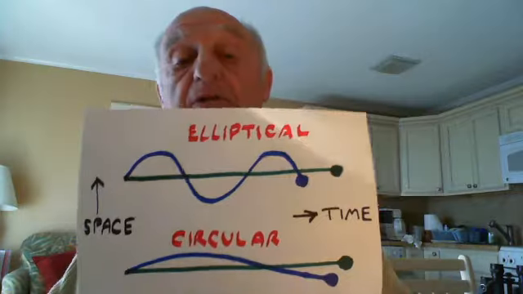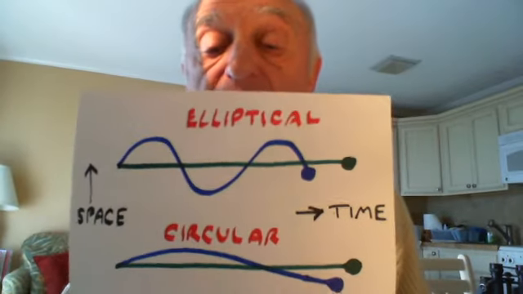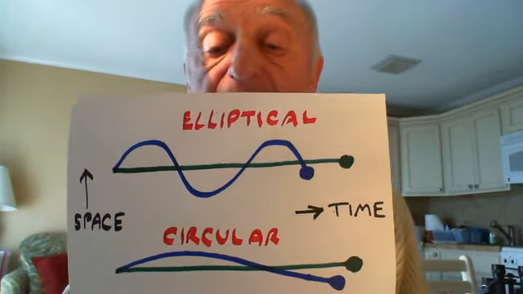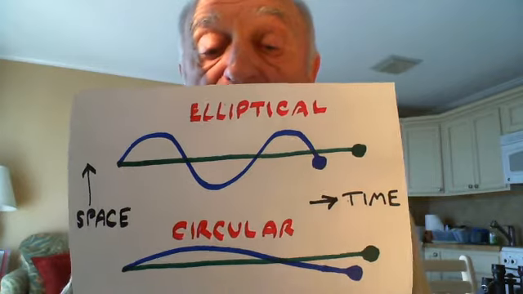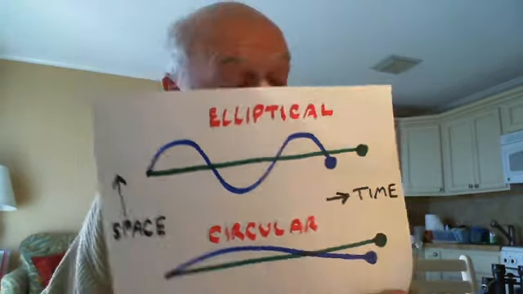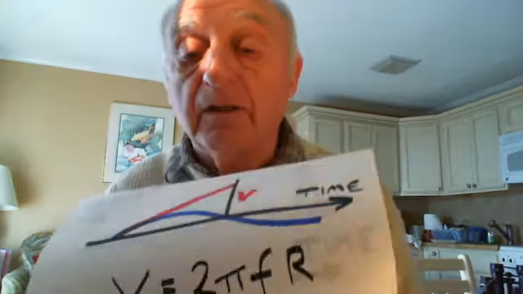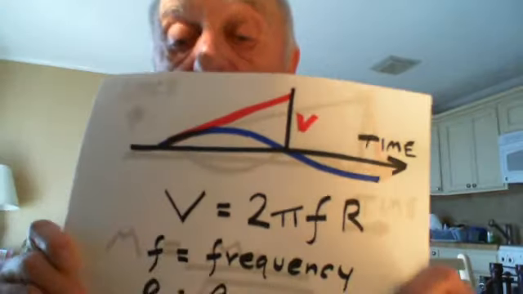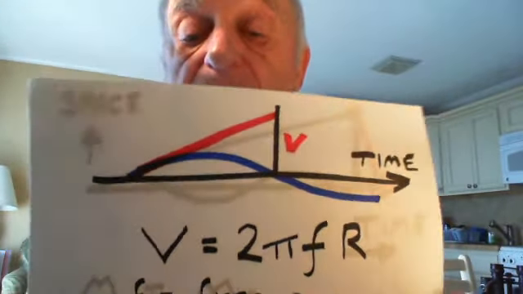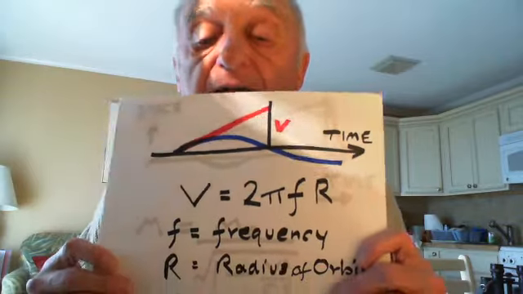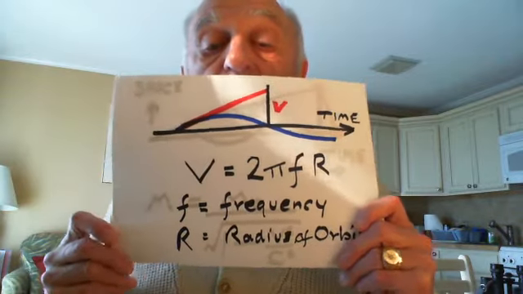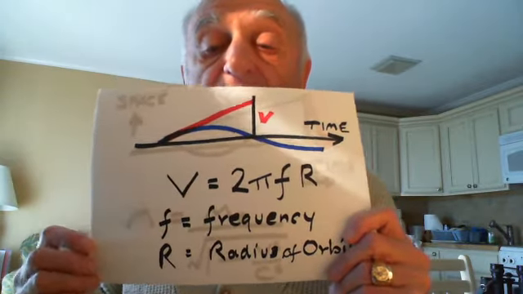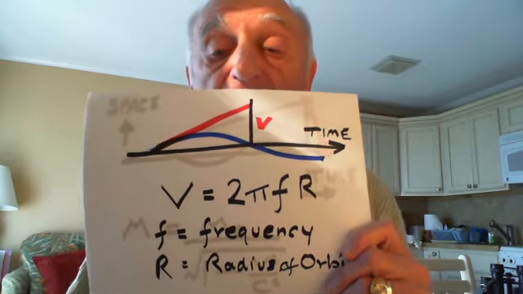So let me show you how you use this in the Lorentz transformation equation, which gives you the increase in mass. The velocity of the moon is shown in this equation and is calculated from the frequency. The effective velocity is equal to 2 pi times the frequency times the radius.